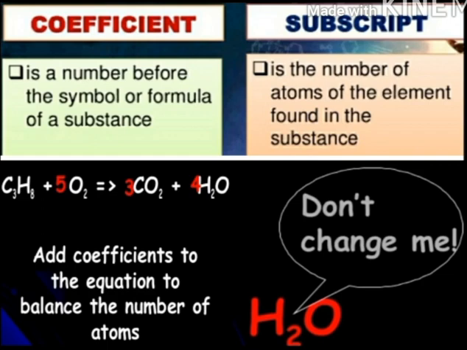Here you can see water, that is H2O. Here 2 is the subscript, which shows there are two hydrogen atoms in a water molecule, and this 2, which is written in subscript form, cannot be changed. It will always remain the same because of its atomicity.